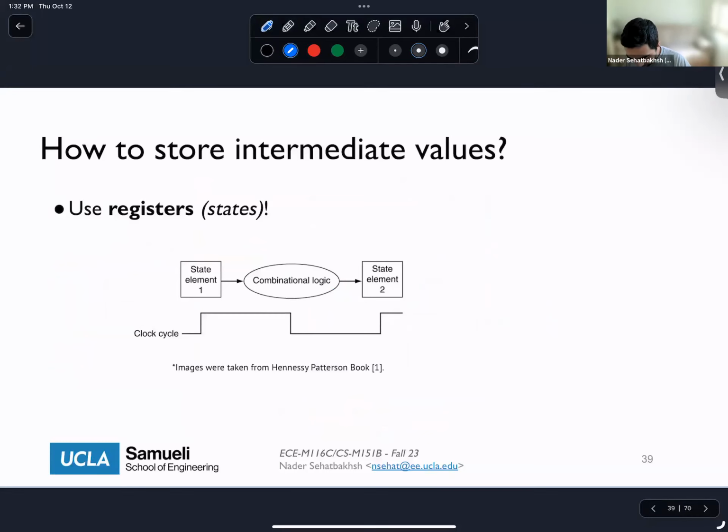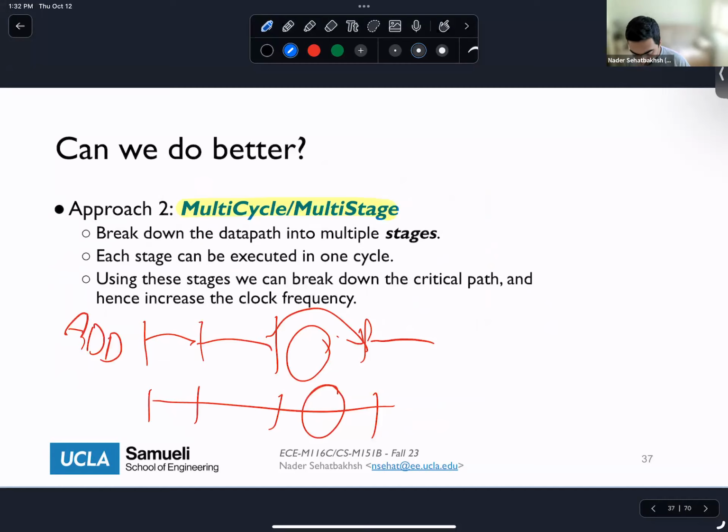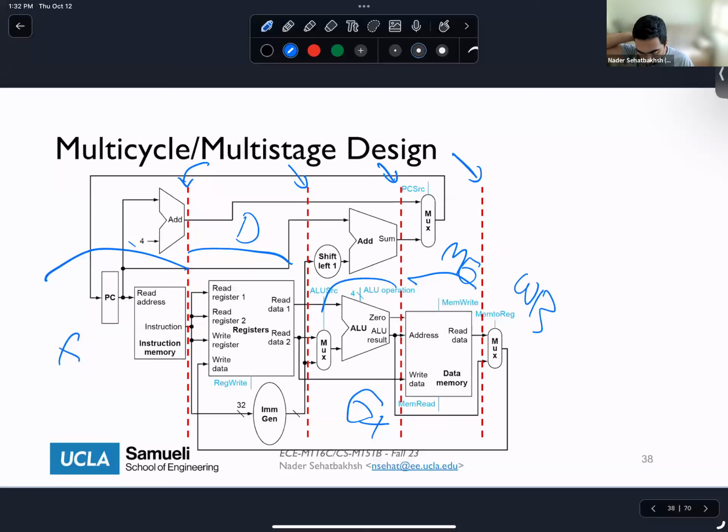So one thing that you have to pay attention to is that, in order to make this multi-stage and decouple these stages from each other, we can actually add registers here, okay? So each of these dotted lines could be a register.